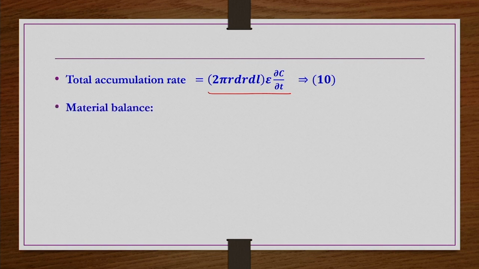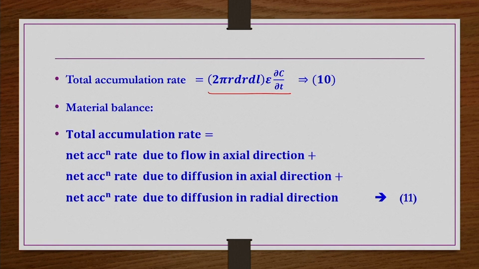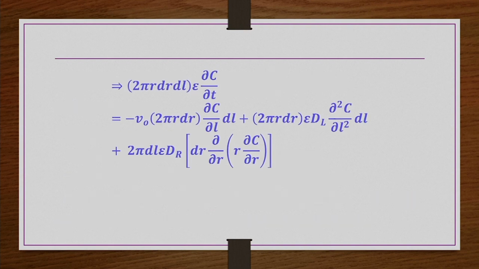So, now this total accumulation rate should be balanced by net accumulation rate due to flow in axial direction plus net accumulation rate due to diffusion in axial direction plus net accumulation rate due to diffusion in radial direction, all the quantities we have written in previous slides. Okay. When you do this material balance, 2 pi r dr dl epsilon ∂C/∂t is this one.